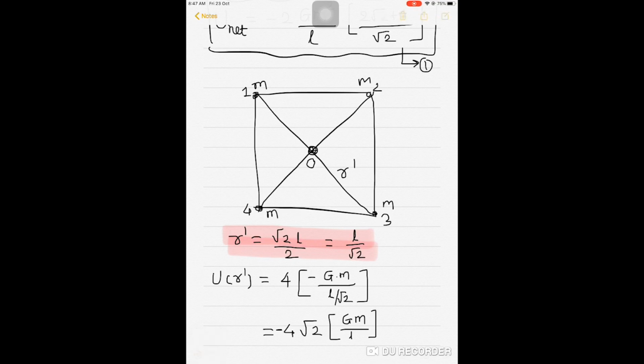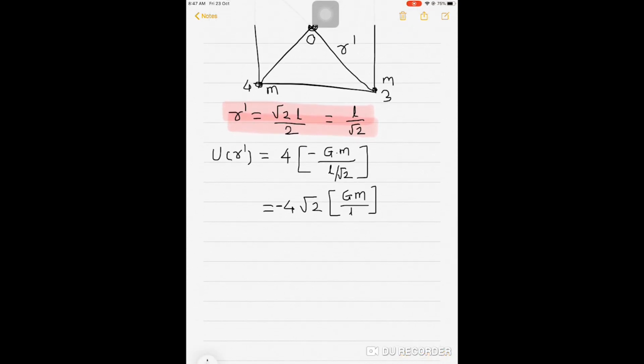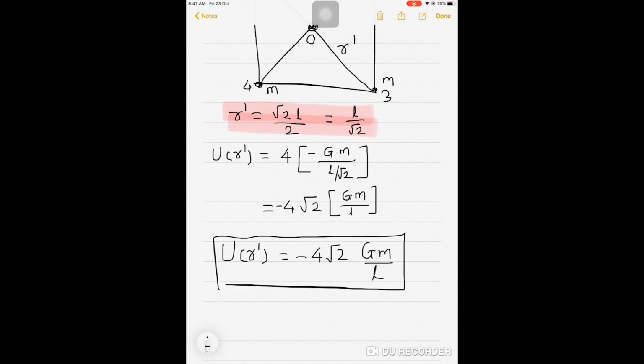So we can say that potential energy at the center is given by the formula U(r dash) is equal to minus 4 root 2 G m over L, and that is our second answer. This is asked in this example number 3.